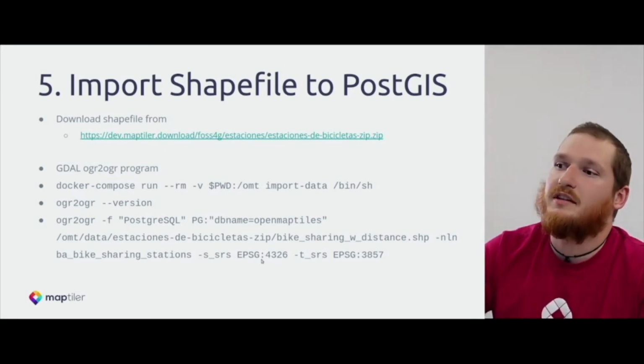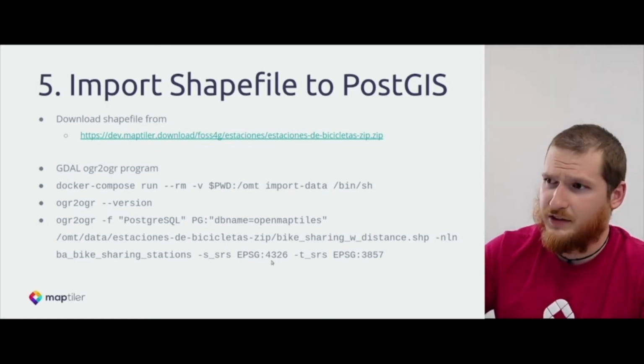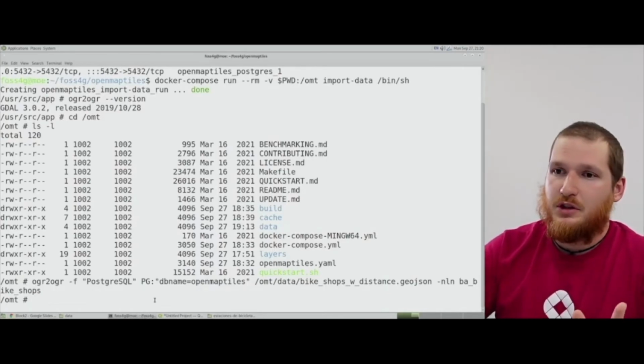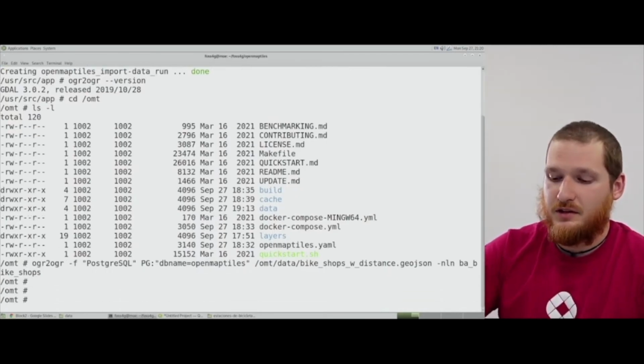So the data are in WGS84. This is the source system, and we want to have it in pseudo-Mercator. If you didn't exit the container, you can stay there.